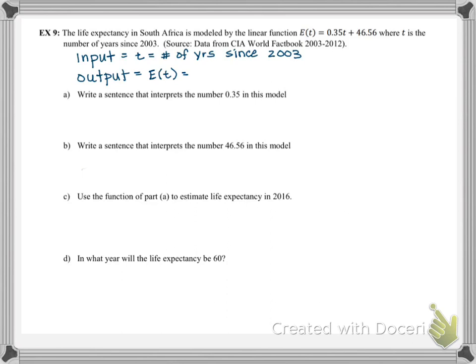So here it says the life expectancy is modeled by that function. That means that the function gives an output of the life expectancy. And so whatever it is that your function is modeling, that's what your output is going to be.